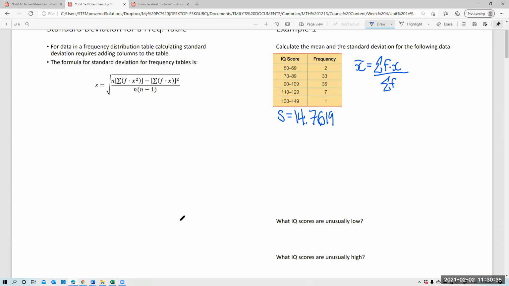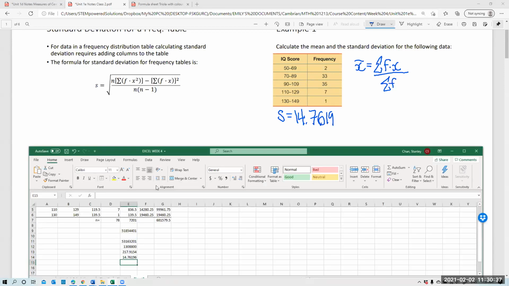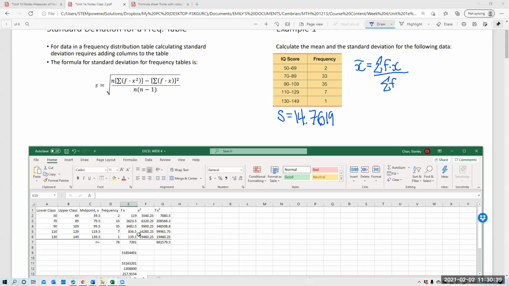All right, so that's how you would find the standard deviation using Excel. Trust me, once you're able to use all these cells, it's much faster than trying to calculate by hand. Calculating by hand probably takes twice as long.